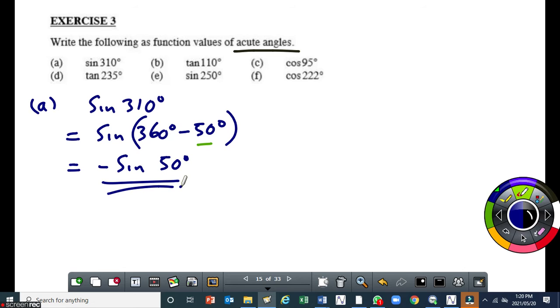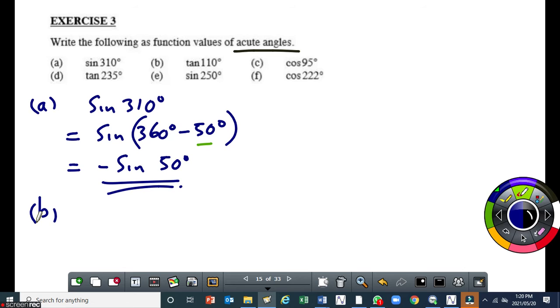So why do we use 360 instead of 180? Because the angle is in the fourth quadrant. 310 is in the fourth quadrant. So we basically have to look at the angle and see which quadrant it fits in.